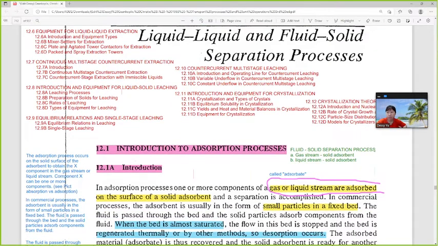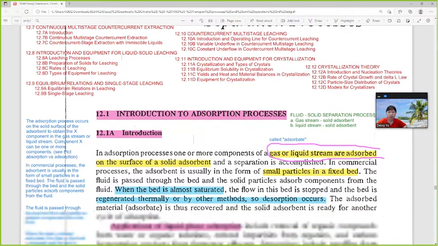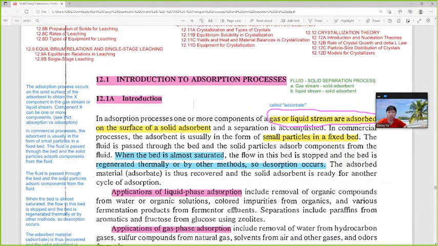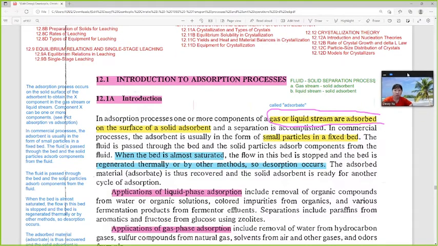This is the main point of the adsorption process. The adsorption process occurs on the solid surface of the adsorbent to obtain component X in a gas stream or liquid stream. Component X can be one or more components.